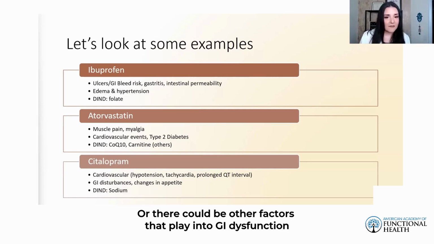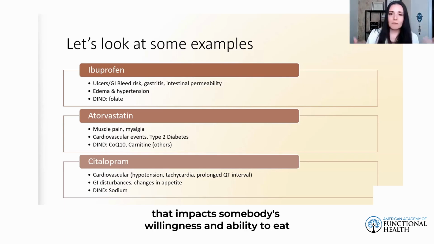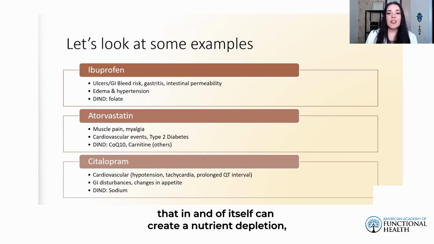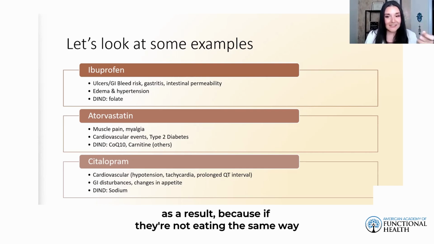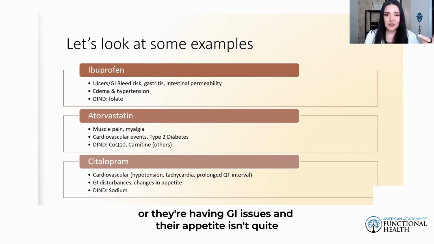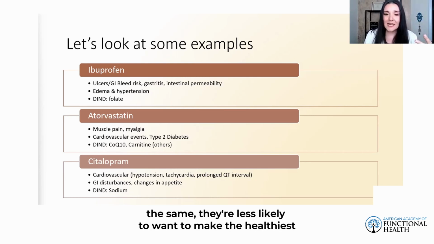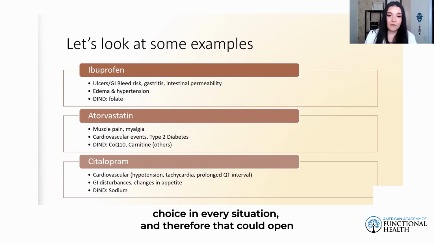Or there could be other factors that play into GI dysfunction that impacts somebody's willingness and ability to eat. That in and of itself can create a nutrient depletion as a result, because if they're not eating the same way, or they're having GI issues and their appetite isn't quite the same, they're less likely to want to make the healthiest choice in every situation.